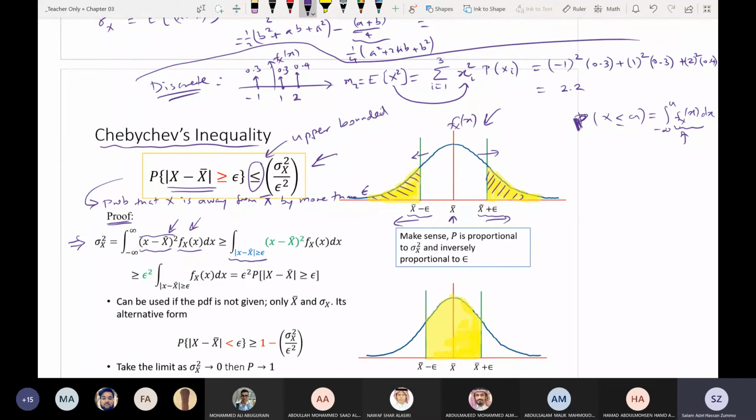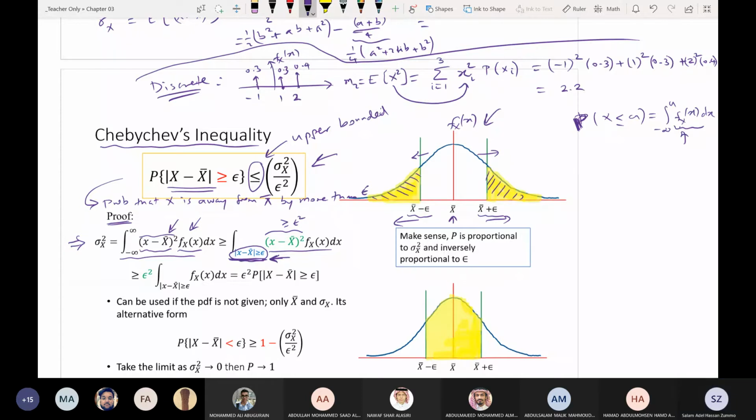So integrating over minus infinity to infinity is larger than integrating over a specific range. Over this specific range, if I replace whatever is inside here, we know that within this range, x minus x bar squared is larger than or equal to epsilon squared by definition of the range.